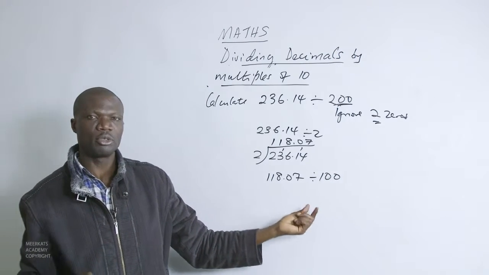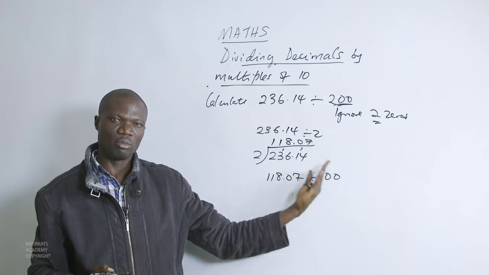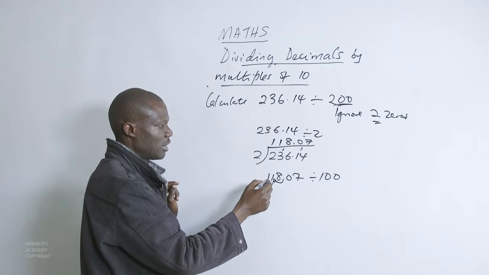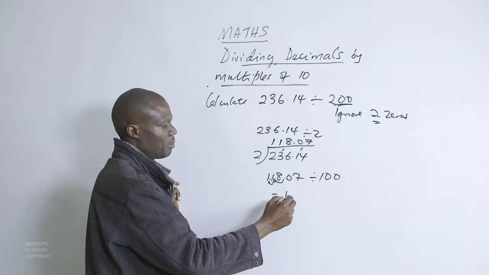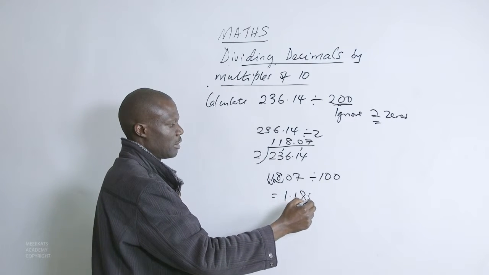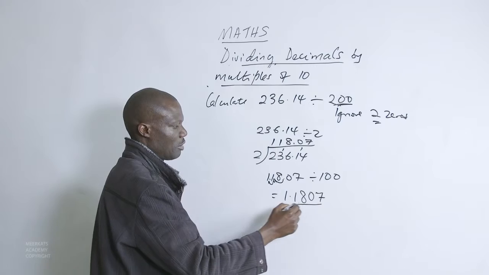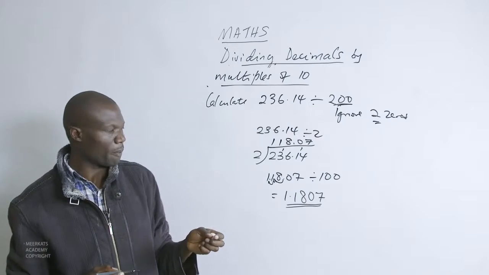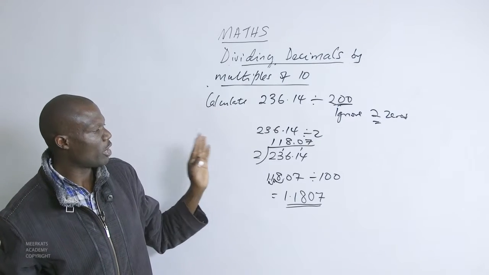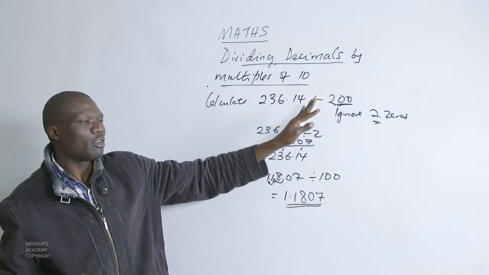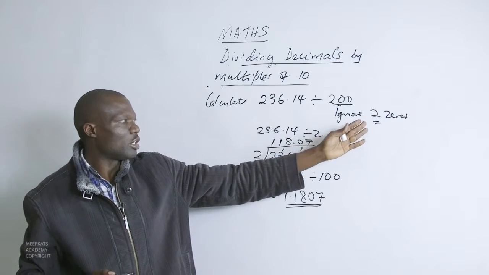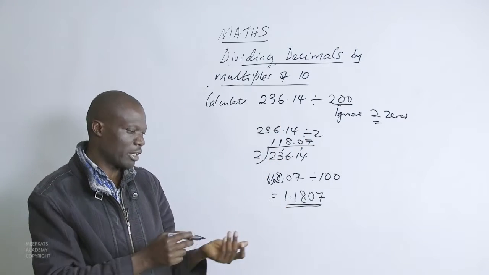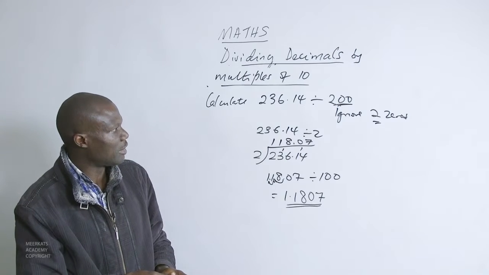The number of zeros are 2. That simply means that the decimal point will move to the left 2 steps. So we shall move the first step and the second step here. So the answer becomes 1.1807. So we realize that when we are dividing a number by a multiple of 10, we always ignore the zeros, carry out the division with the whole numbers, and then bring back the 100 towards the end.